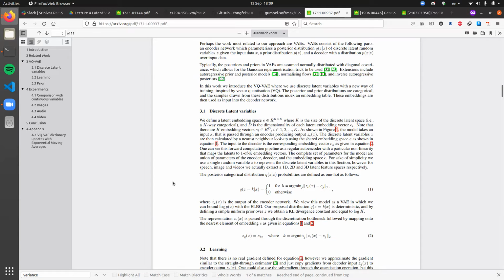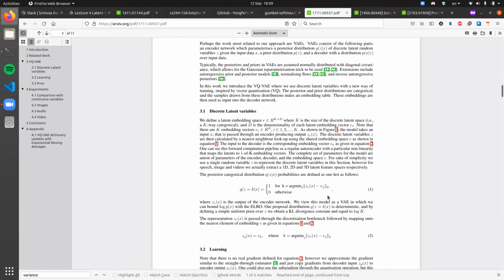say, some number n of vectors of dimensionality d, and we will match those vectors to some embeddings, which we can call a code book.